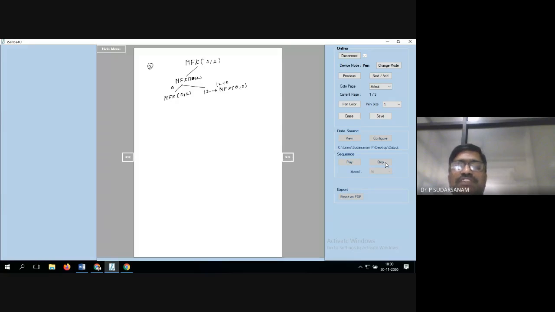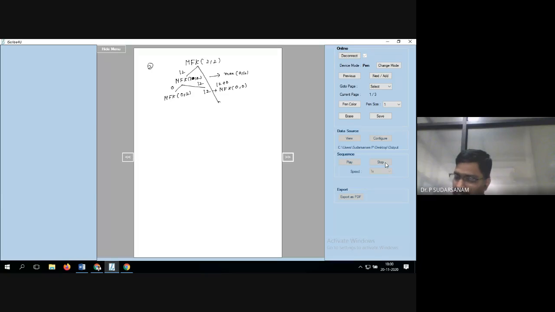MFK of 0 comma 0 is nothing but 0. So 12 plus 0 is nothing but 12. So in this case, maximum of 0 comma 12 is nothing but 12. That is the left hand side. Now you have to write the right hand side. I will put the arrow mark like this, and write the right hand side.